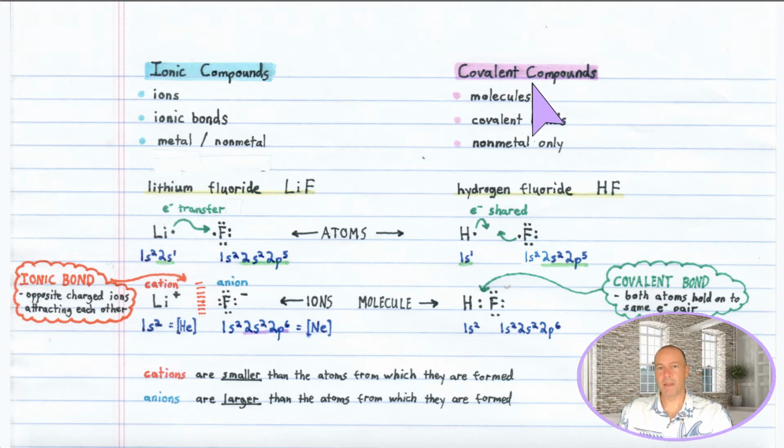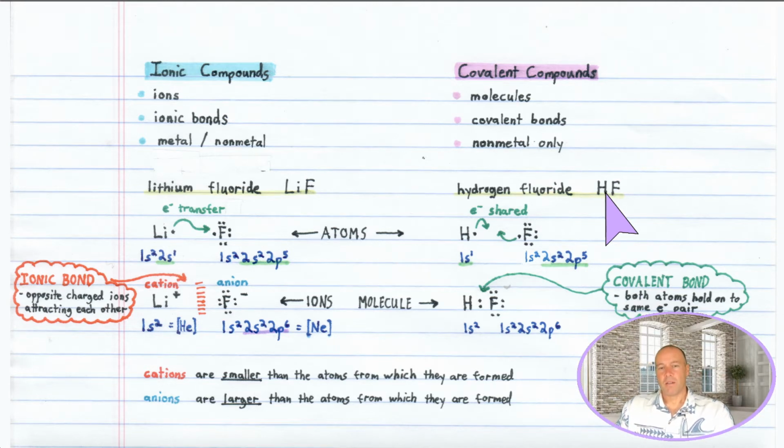And these compounds combine non-metal elements only. Here's a simple example of a covalent compound called hydrogen fluoride with the formula HF. So you can see the elements are combined in a 1-to-1 ratio. For every one hydrogen atom, there is one fluorine atom. So that's the ratio right there, fixed ratio.